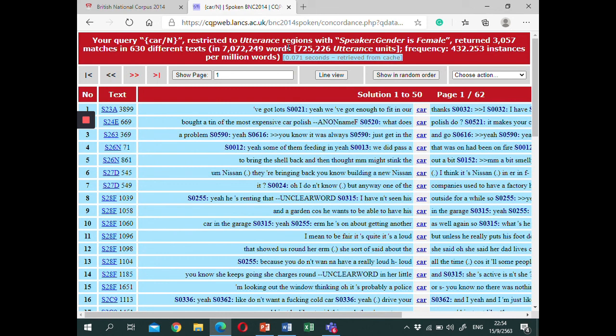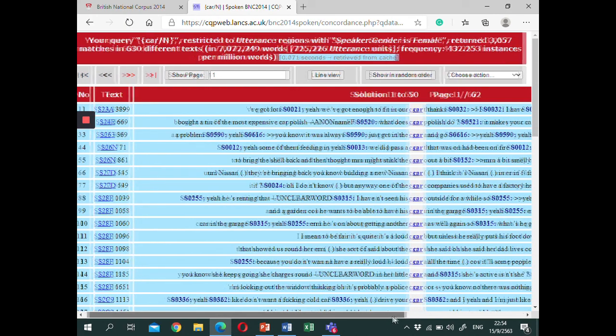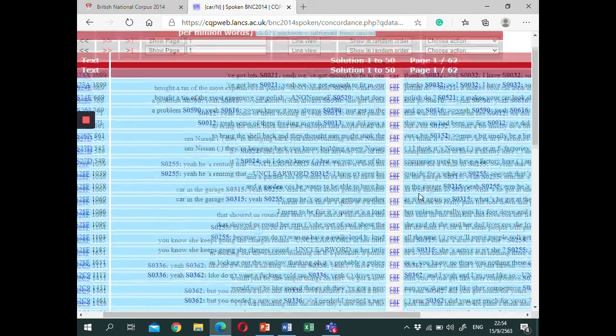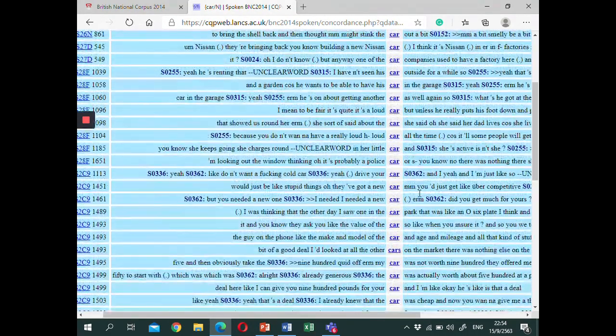At the top of the screen, you can see the frequency per million words here, and that is 432.253. You can scroll down to look at concordances to see how the word is used in context.